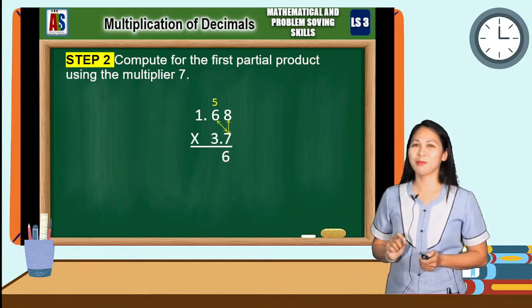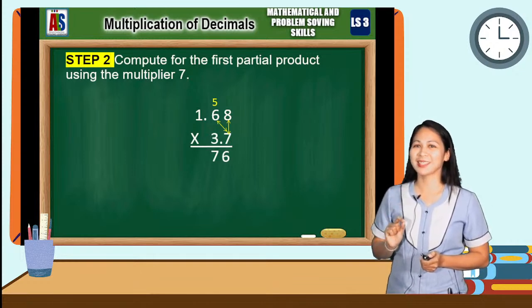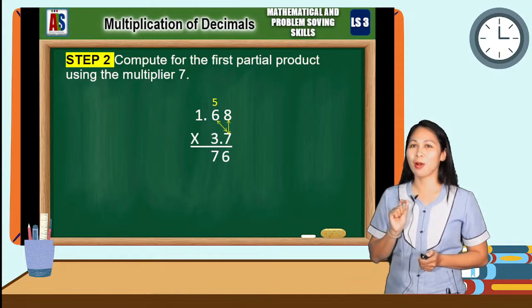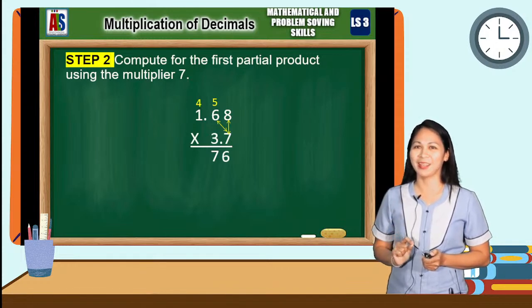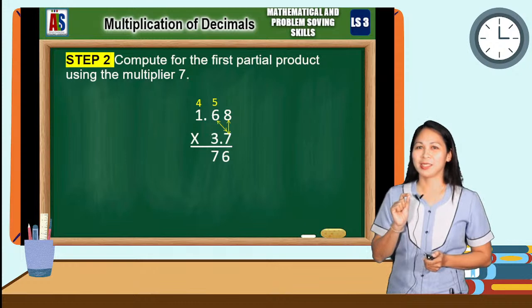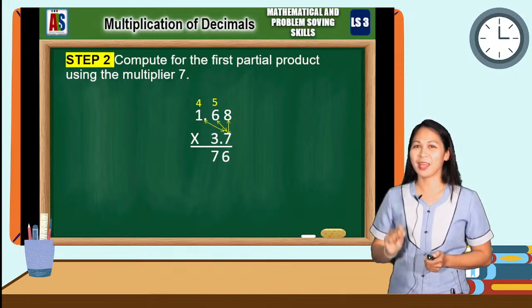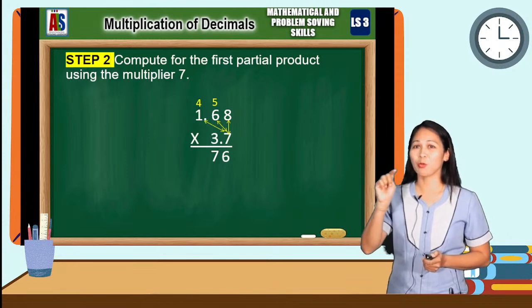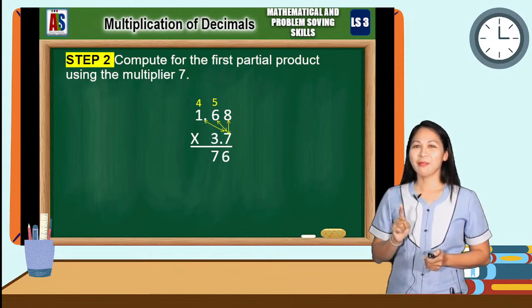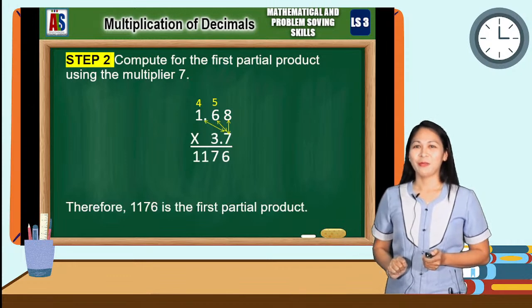Write 7 below the column of 6 and regroup 4 above 1 in the multiplicand. Now, multiply 7 times 1, that is equal to 7. Add 4, that was regrouped. So, 7 plus 4 is equal to 11. Write 11 in the left of 7. Therefore, 1,176 is the first partial product.